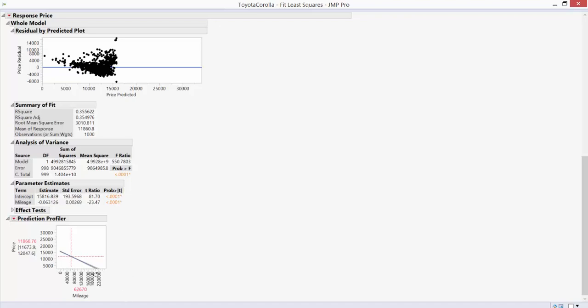So that's essentially my straight line prediction equation, right? My model. And I can modify the mileage, and over here I will have different values for the response. So, for example, if I'm dealing with 10,000 miles, or kilometers in that case, I just change the mileage, and here is the answer.